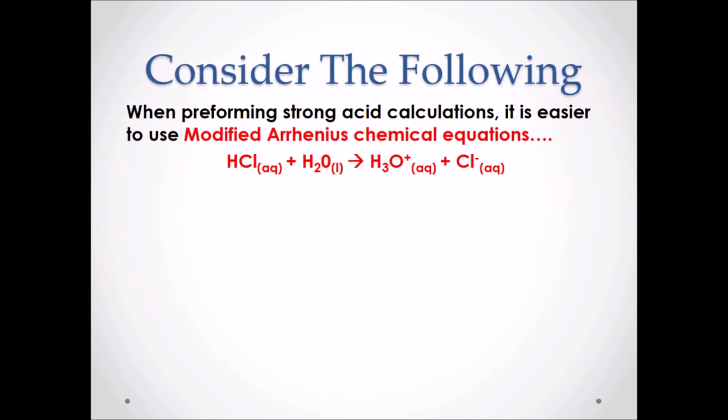At this point, we're going to move forward with the calculations component of the acid and base unit. When performing calculations, different theories can be used to write chemical equations. Over the next two slides, we will compare the theories. When performing strong acid calculations, it's typically easier to use a modified Arrhenius chemical equation.